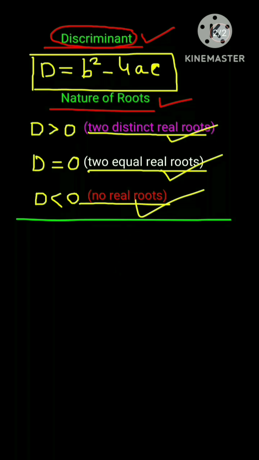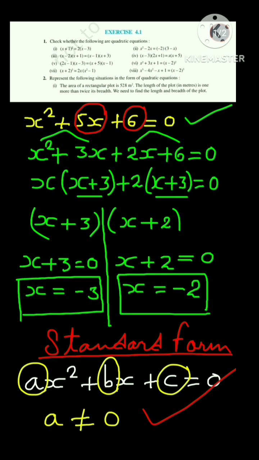Now, how does discriminant help to identify the nature of roots before solving the equation? Let's take an example. We had a question over here: x square plus 5x plus 6 equal to 0.